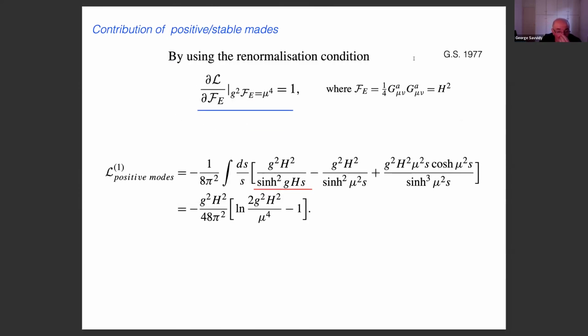That's what I told you, I found it in 77. So the regularization is the following. You require that the derivative of the effective Lagrangian over the classical Lagrangian at the renormalization point should be equal to 1.